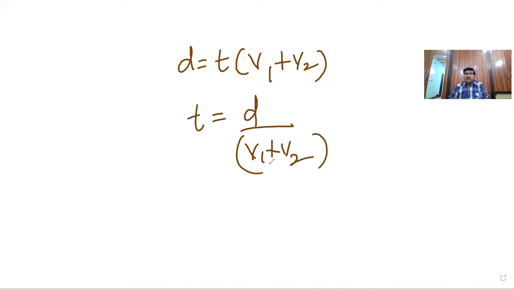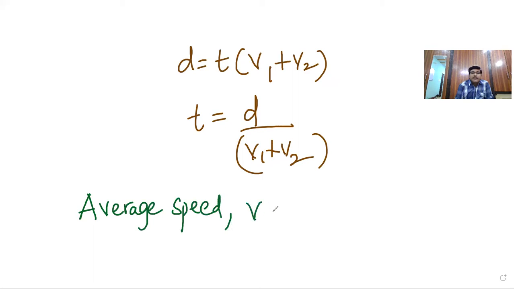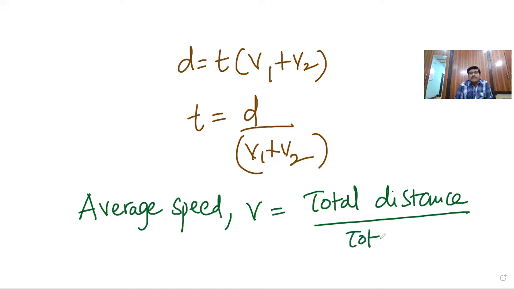Is it clear? No, he is asking for the average speed. So what is the formula for average speed? Average speed v is the total distance traveled by the total time.